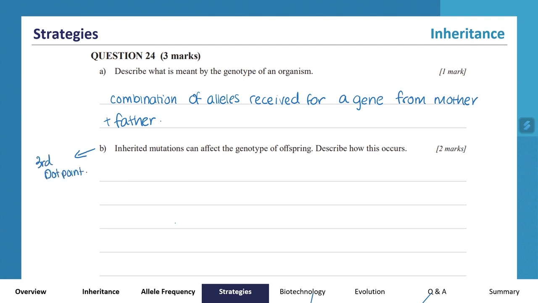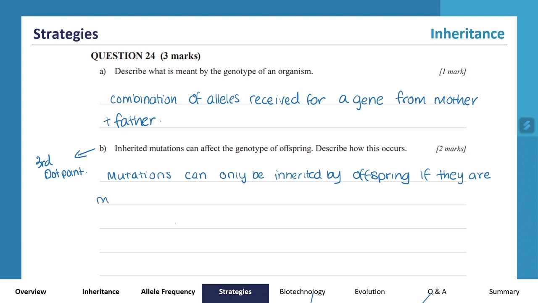And basically, mutations that occur can only be inherited by offspring if they are mutations in the sex cells, sorry, in sex cells, so gametes.